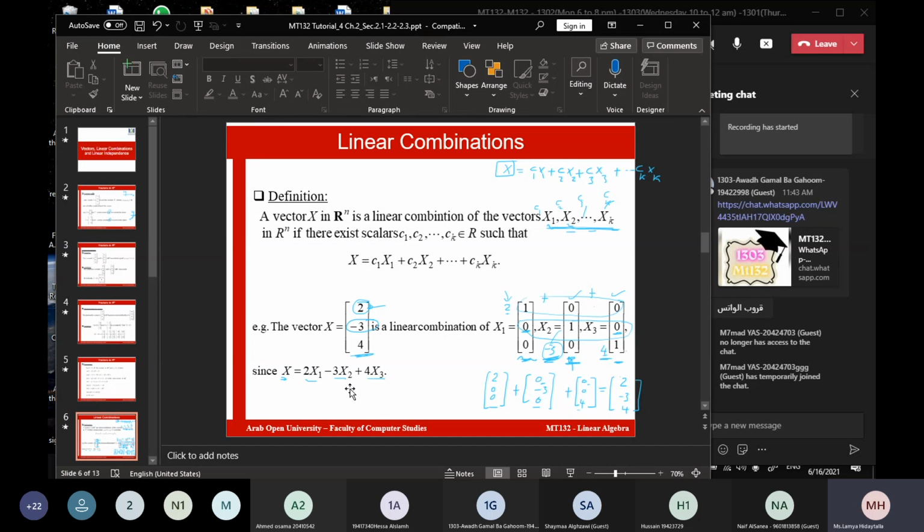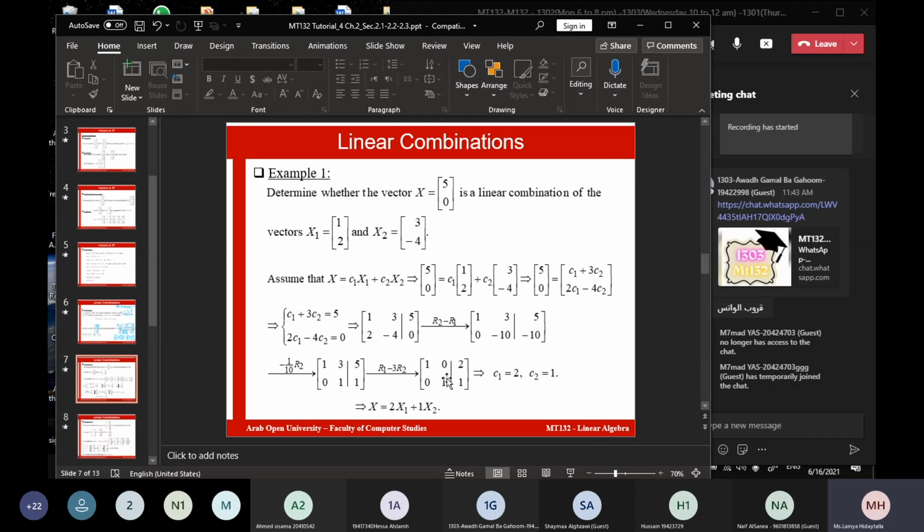And this is a trivial example, and it's easy. It's clear that x is a linear combination of these because I got it in terms of x1, x2, and x3 by just doing a linear operation like this. Clear? So this example is very easy anyway.